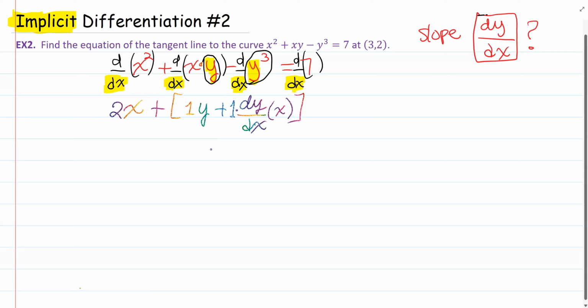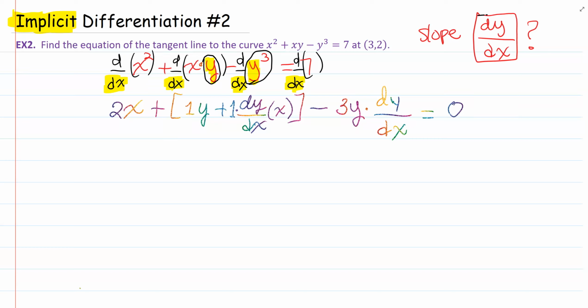And then minus the derivative of y to the third, which is 3y multiplied by the inside derivative, which is dy/dx. And that will equal the derivative of 7 with respect to x, which is 0. Okay, so that right there is a very important step.